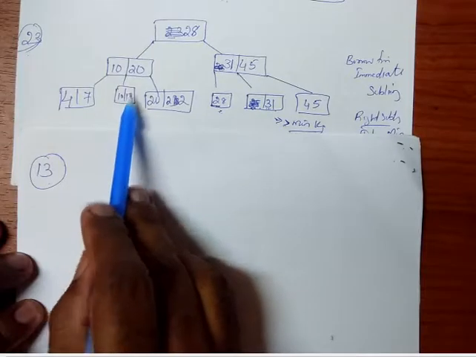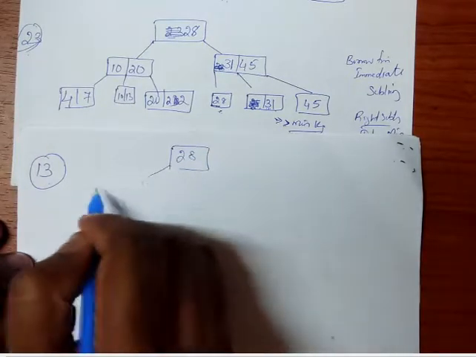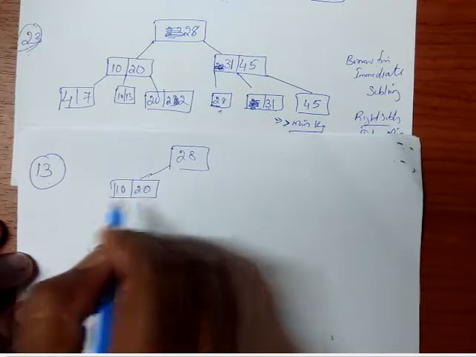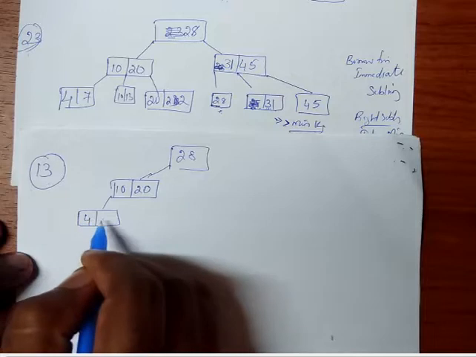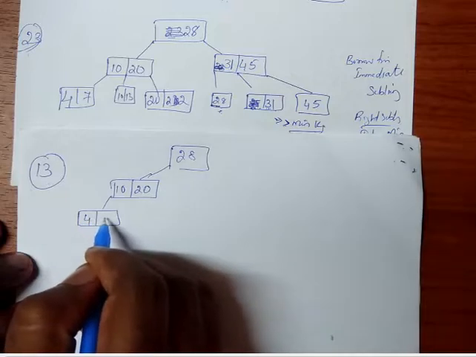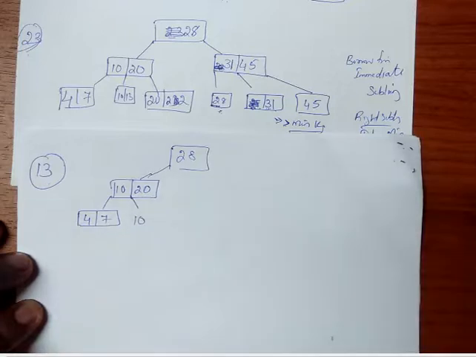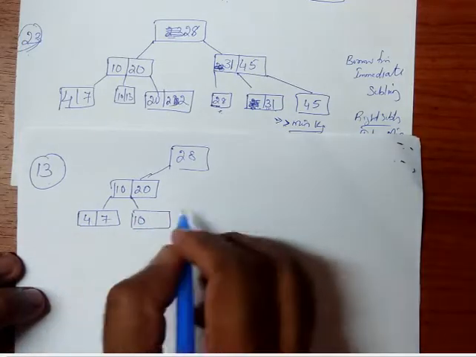Okay, next we can delete 13. On deleting 13 we can easily remove it from the node since it doesn't violate any minimum key principles. The minimum key is 1, so after removing 13 we have a single element, 10. It is not violating our rule.